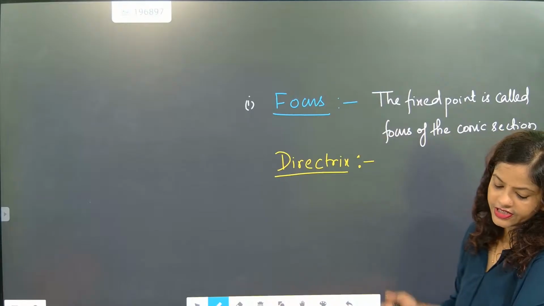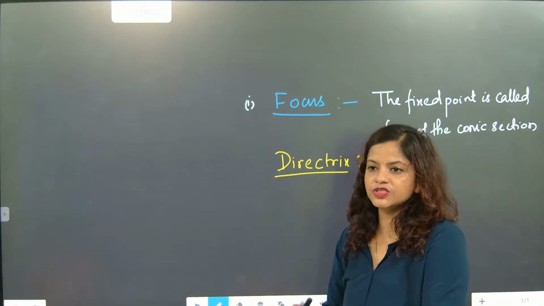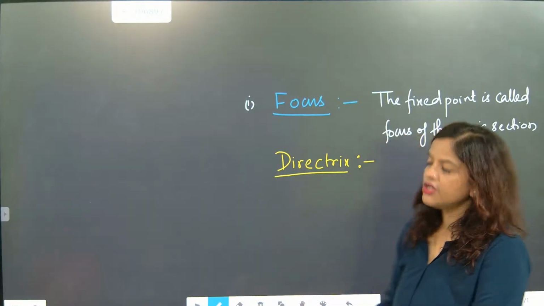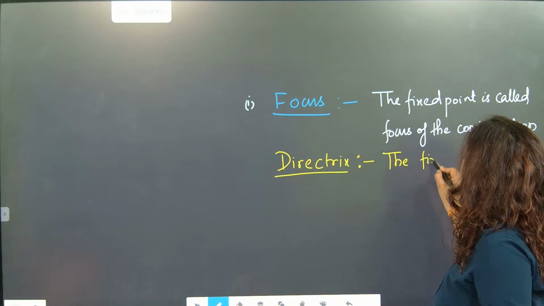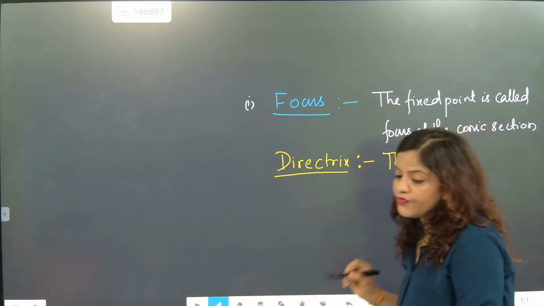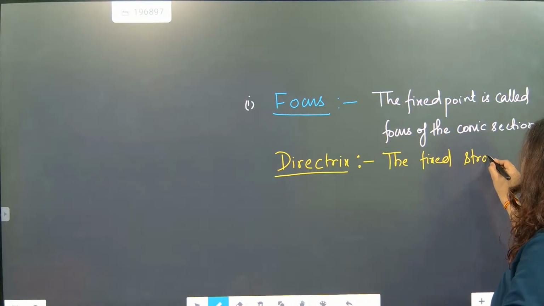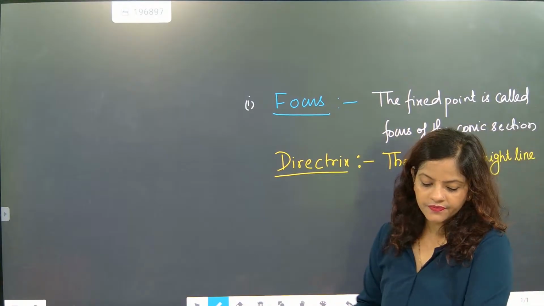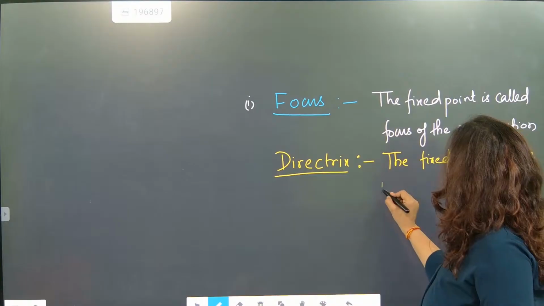So what is directrix? The fixed straight line. Here focus is a fixed point, directrix is a fixed straight line. Note down: the fixed straight line is called directrix of the conic section.